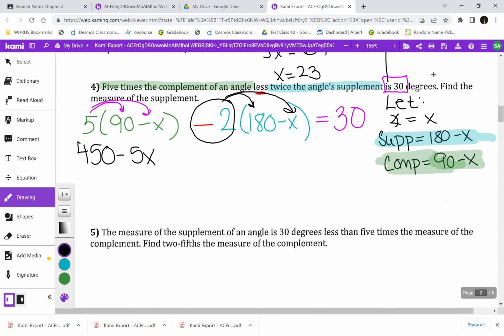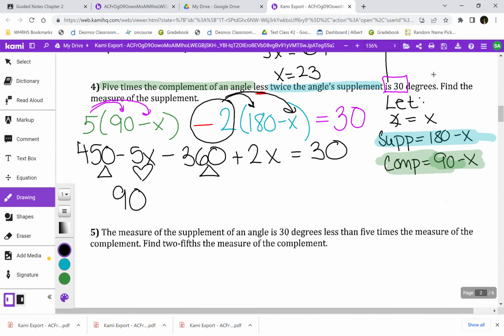So this is going to be a negative 360, and then a negative 2 times a negative x is a positive 2x, equals 30. Now we will combine our like terms. 450 minus 360 is 90. Negative 5x plus a positive 2x is a negative 3x equals 30. So now we're going to have negative 3x equals negative 60, so x will equal 20.